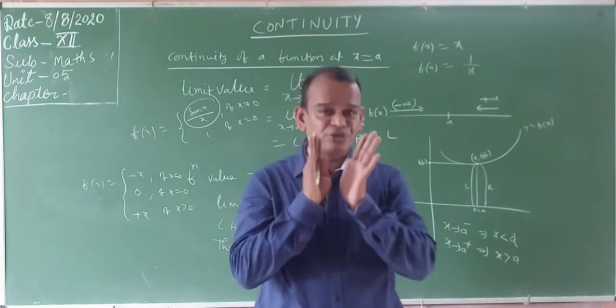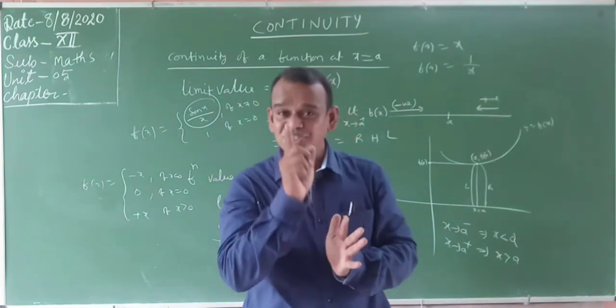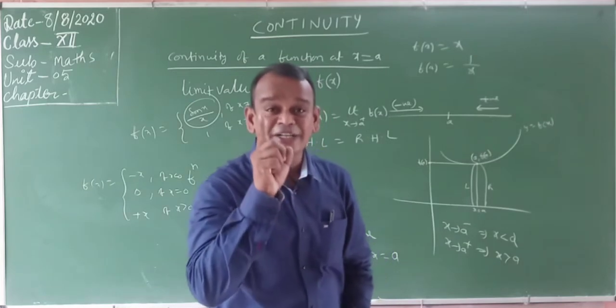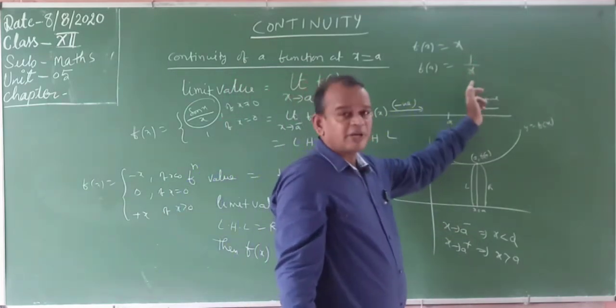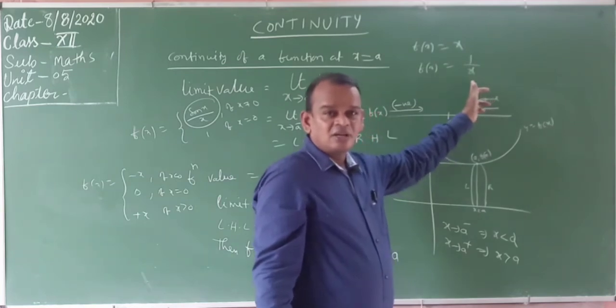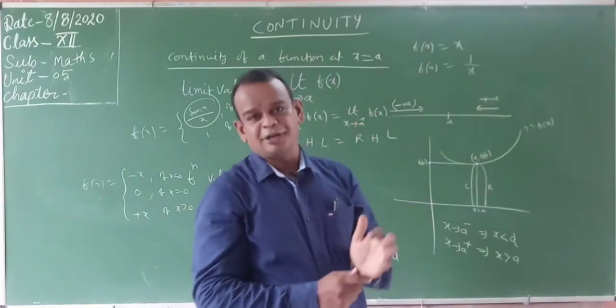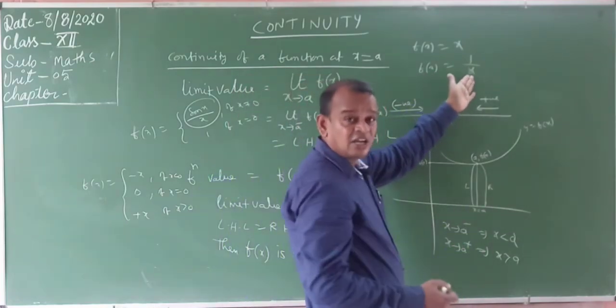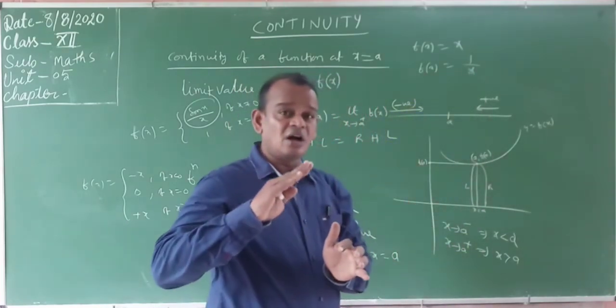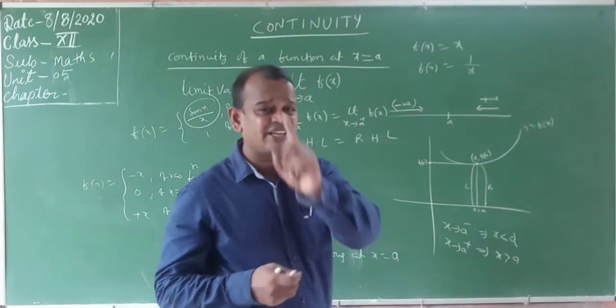Actually R minus 0 is the domain. At 0 it is not defined, and that is called the discontinuity point. Other than the domain part is the discontinuity part. Continuous on R minus 0 means discontinuous exactly at 0.